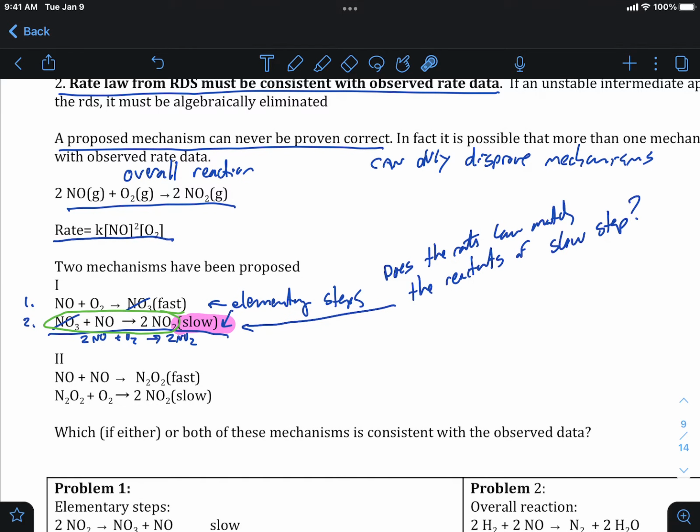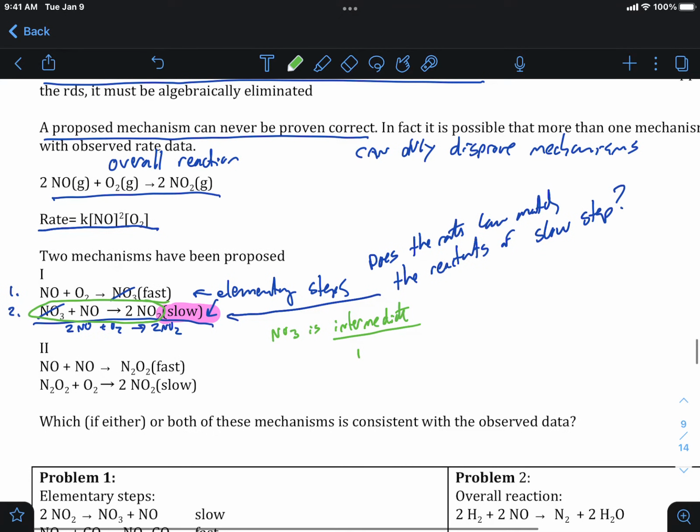But what we just canceled out, NO3, anything that is produced but subsequently consumed is called an intermediate. So let's define it.